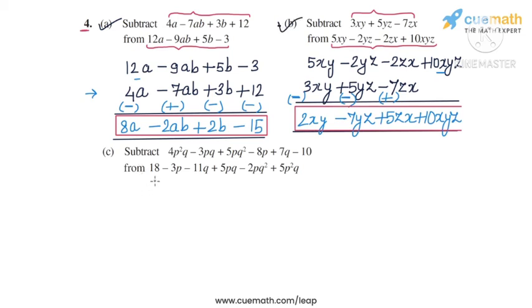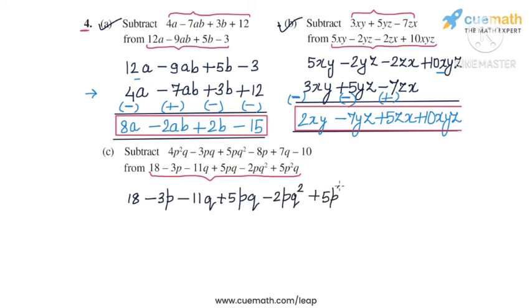Now coming to part C, we have this as our second expression. Let's write this first because this is the expression from which we have to subtract. So this expression is 18 minus 3p minus 11q plus 5pq minus 2pq square, and then we have plus 5p square q.